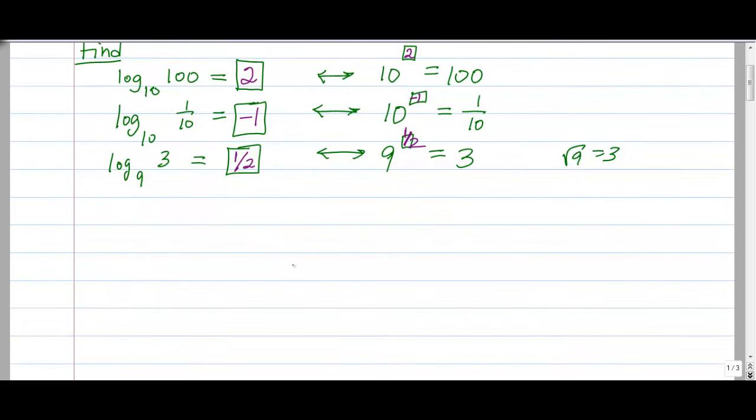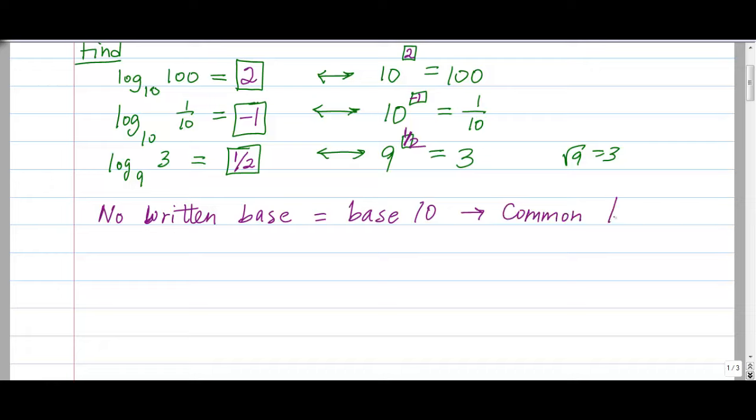Okay. If no base is written, you assume base 10. No written base means that it's actually base 10. And we call that the common logarithm. Okay? So when you see log x, you know it means log base 10 of x.